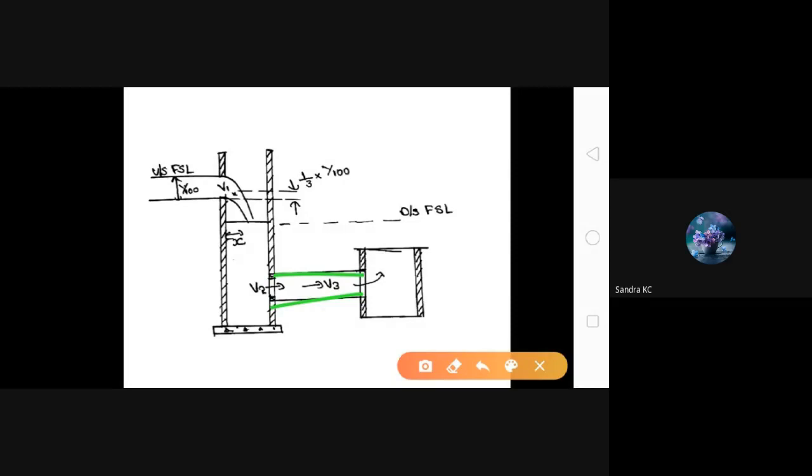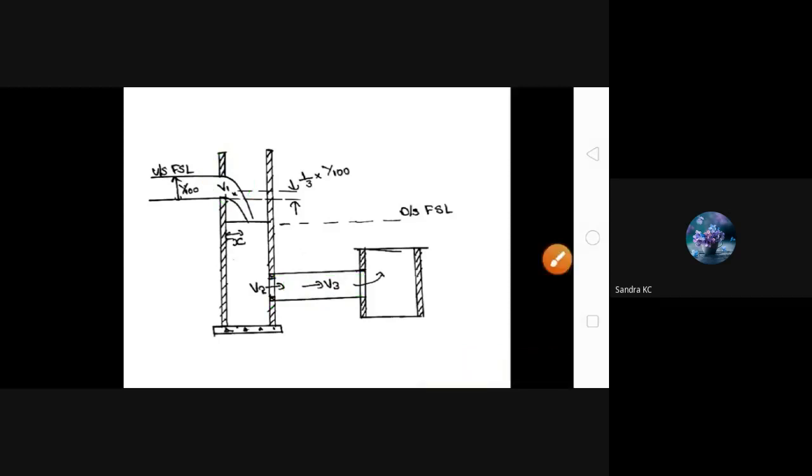So we need to find out the velocity of water in this pipe. We denote this velocity as V3. Don't get confused: we denote the velocity through the notch as V1 and the velocity through the pipe as V3.